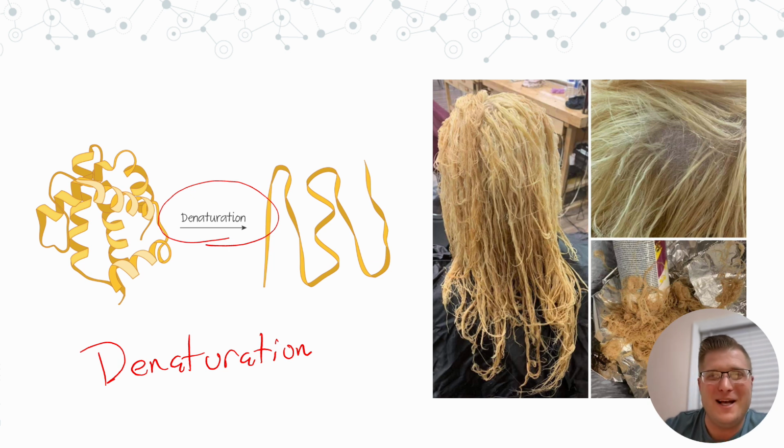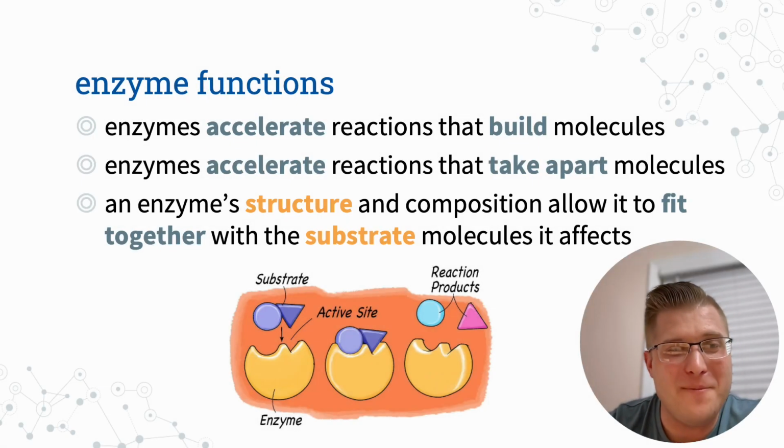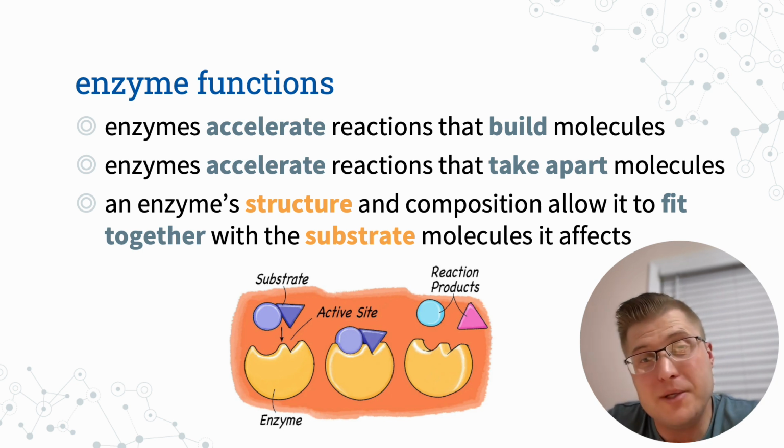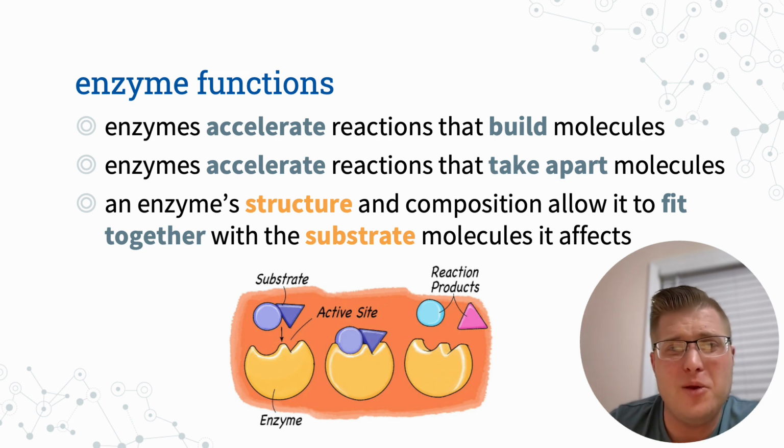All right, we're almost done. Let's sum it up on the last slide. Enzyme functions. Enzymes are here to accelerate reactions that help us build molecules or to help us take apart molecules. They can do either. Later on, you may hear that those are anabolic versus catabolic processes. They help build or take things apart faster.